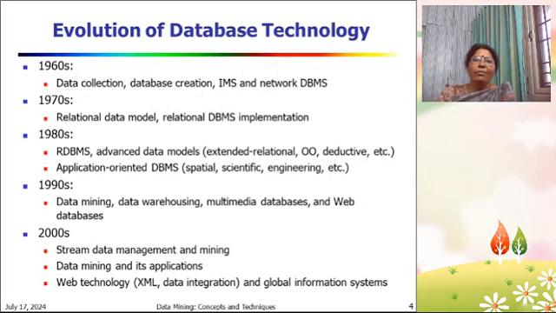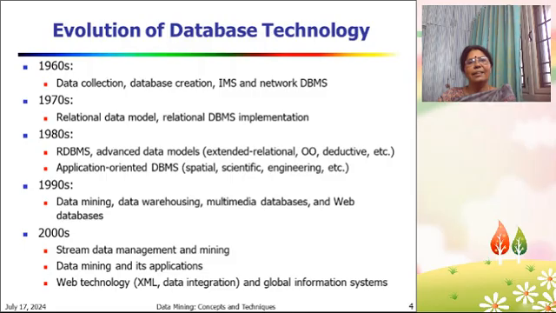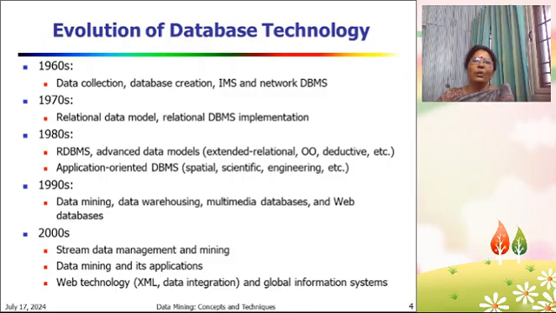When you look at the evolution of database technology starting from the 1960s, we worked with simple databases. We dealt with two types of databases: network database and hierarchical database, right? In the 1970s, the relational data model was introduced.